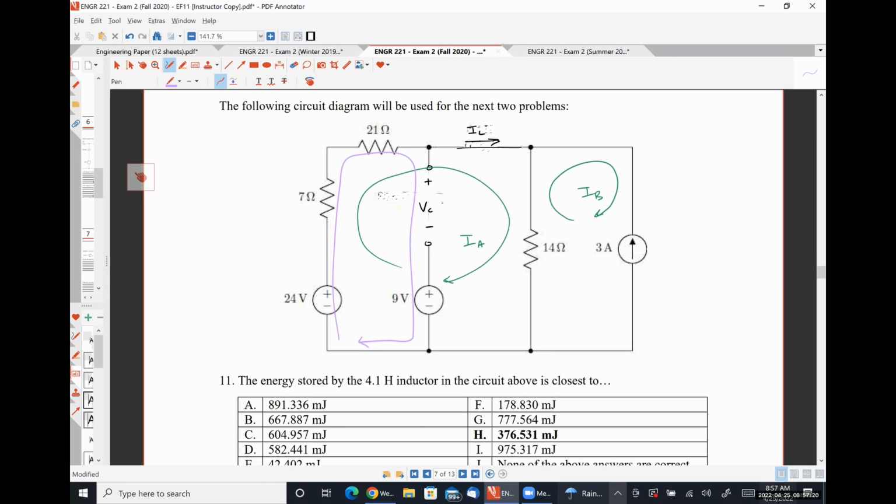We could also use nodal analysis, which is what I believe Connor was suggesting here. So let me erase some of this stuff, and let's talk about how we could do nodal analysis pretty quickly as well. Recognizing that if we put our ground node right here, then whatever node this is has a value of 24 volts.